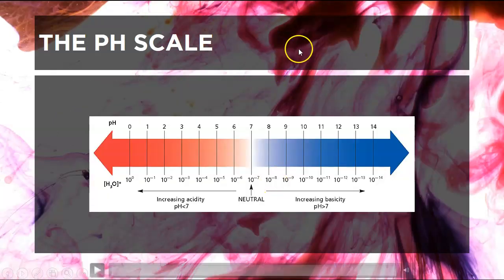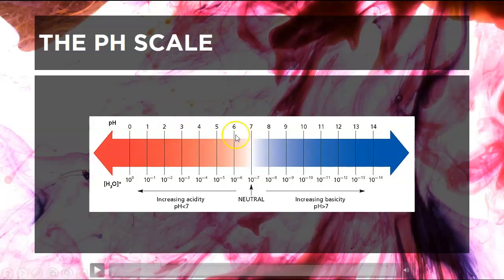So here's my scale. You can see as I get more acidic, my pH is going down to 0, which people kind of think, or maybe it's just me, but from general conversations with people that don't know about pH, they hear a low pH and they think it's not that acidic. Oh, that's a pH of 2, it's not that big a deal.